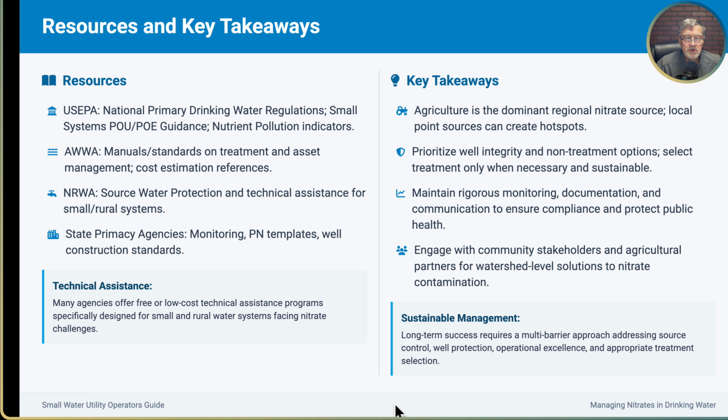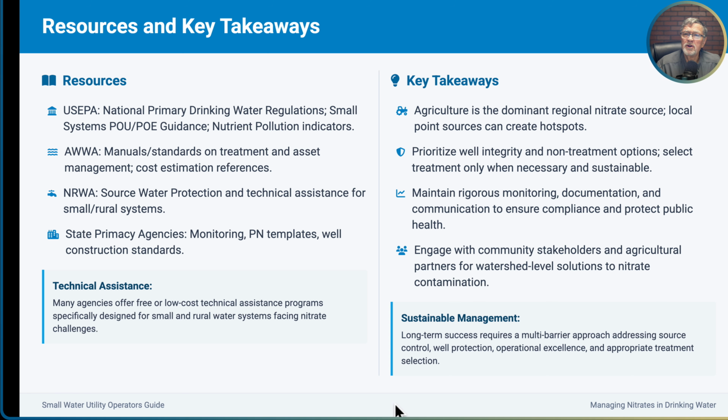All right, resources and key takeaways. Here's some resources for you: the US EPA, American Water Works Association, National Rural Water Association, state primacy agencies. Sometimes your state rural water association will have resources available as well. RCAP is another resource.